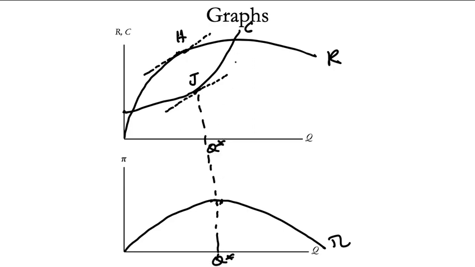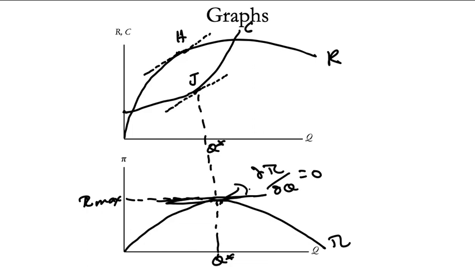At point H and point J, the tangent line at point H is the tangent line for the revenue function, and the tangent line at point J is for the cost function, where quantity is at Q star, and then you can see profit is at its maximum, and here you have delta P over delta Q equal to 0, isn't it? And then if you draw a line, it becomes flat like this.